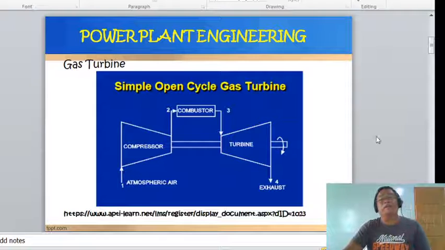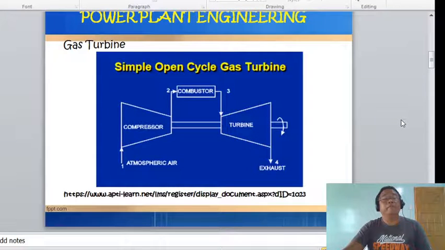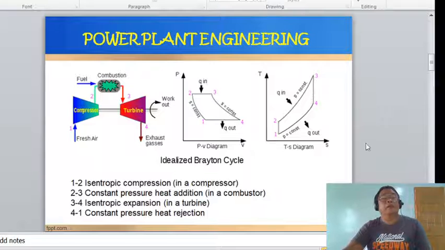So the calculation of this topic is quite easy. Another, we have here the PV diagram. Take note, class, that the process in this diagram, 1 to 2 is isentropic compression.